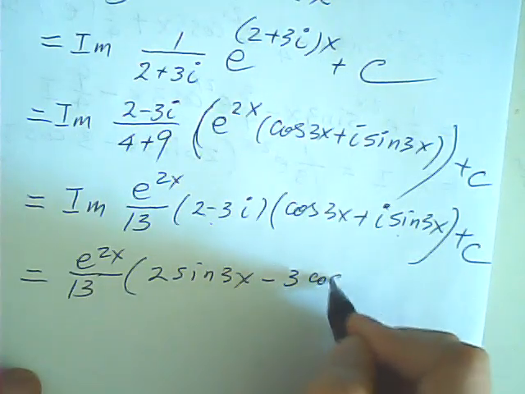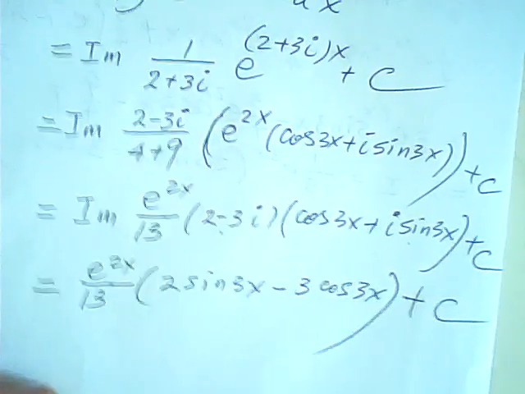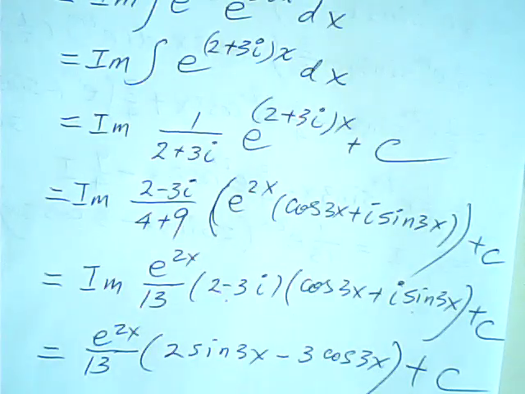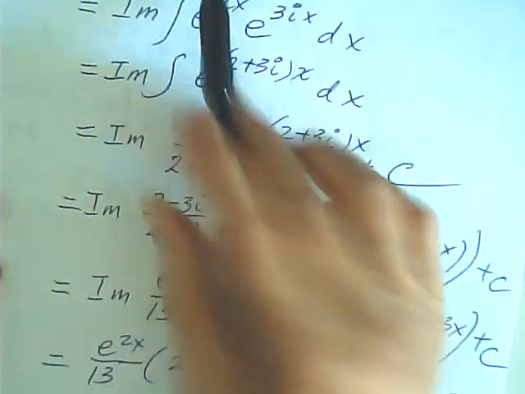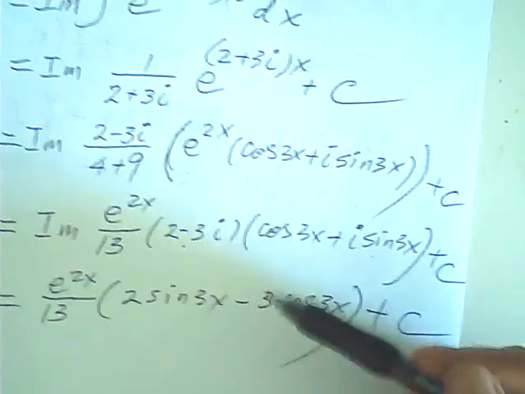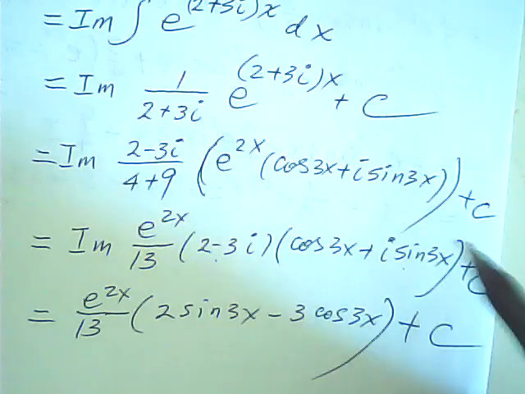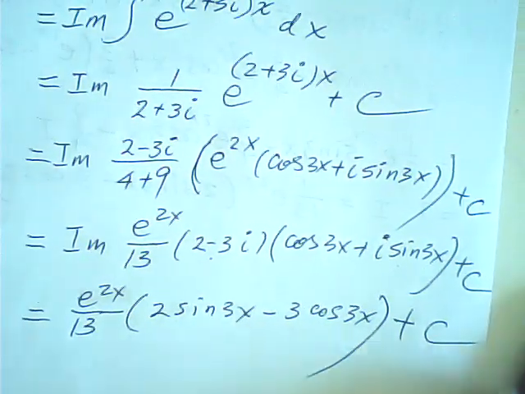Minus 3 cosine 3x. Yeah, that's it. See, that is a very good method. Okay. So this integral itself is not really difficult, but the 4 methods I'm discussing here are interesting. Thank you.